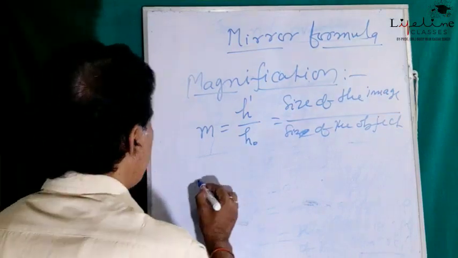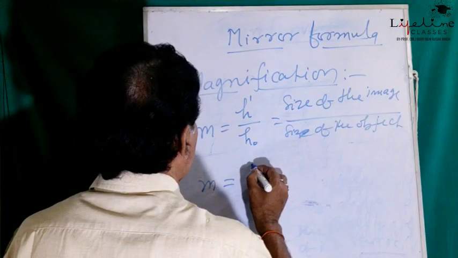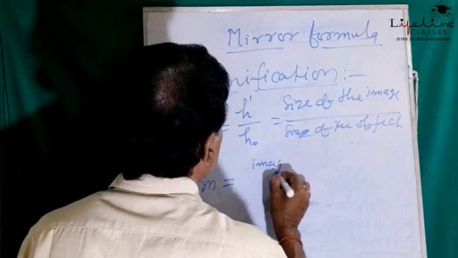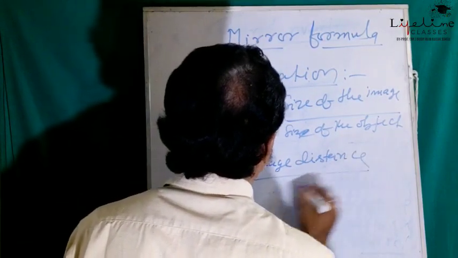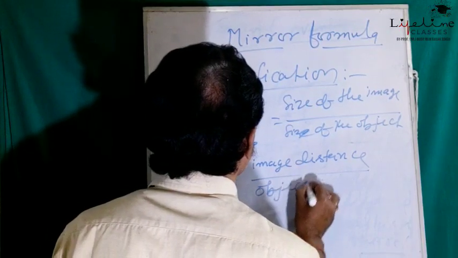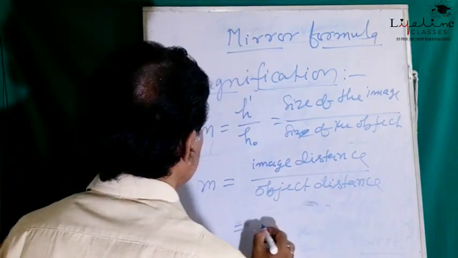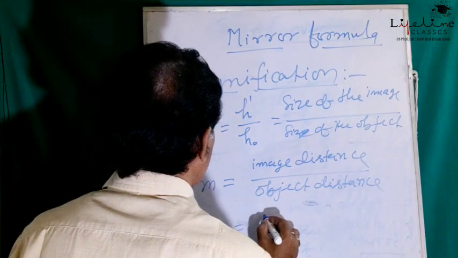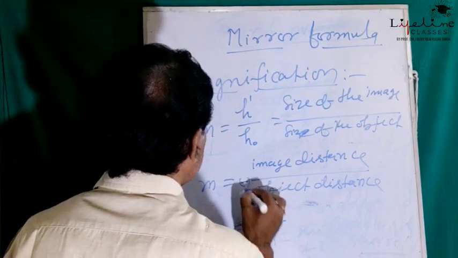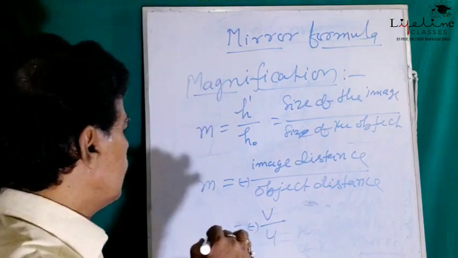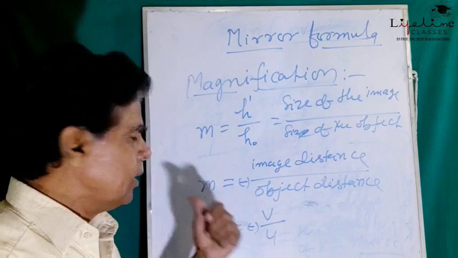So m may also be written as the image distance by object distance, that is v by u, but a negative sign is given here before the ratio v by u.